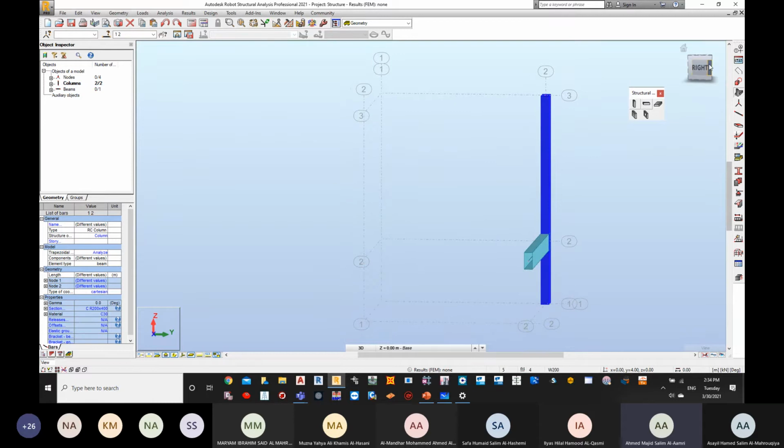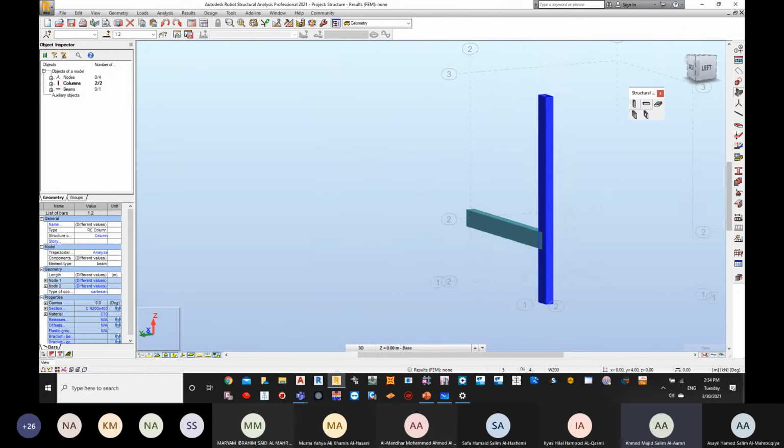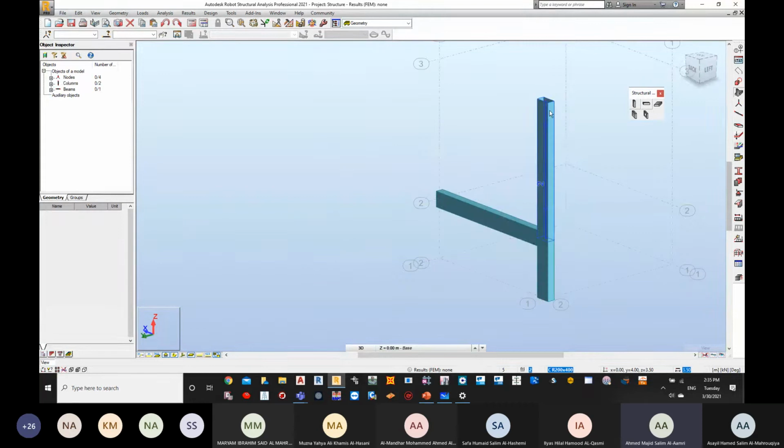Now what about the other direction? In this direction, do we have any beam cutting the column? If we are looking at it from here, you will see that there is no beam cutting my column, so this side is taken full from the top till the end.